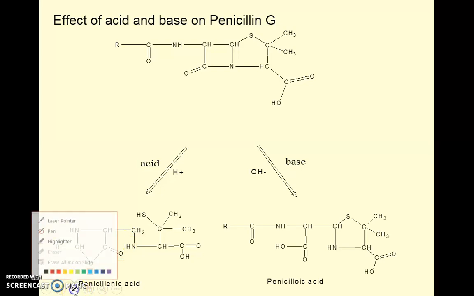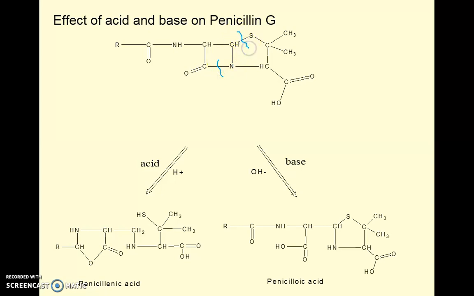There are two sites at which it can break down: the first site is for the beta-lactam ring, and the second is for breakdown of the thiazolidine ring. This is the beta-lactam ring, this is the thiazolidine ring. In acidic media, both rings break down, and the degraded product is called penicillinic acid.